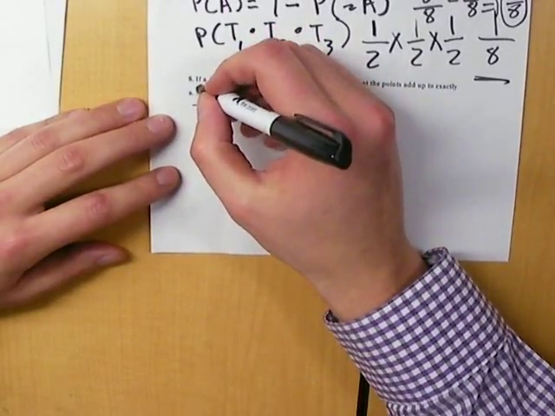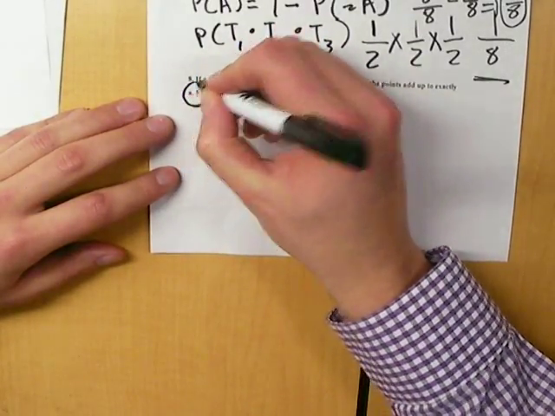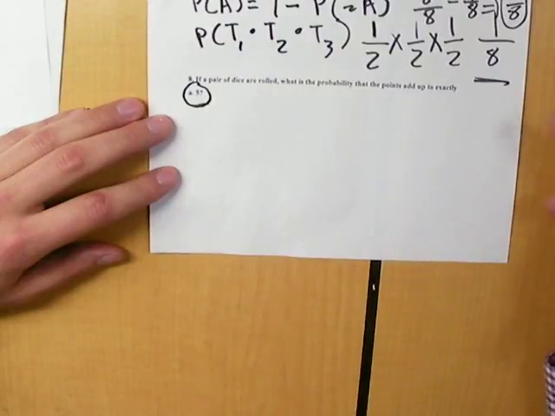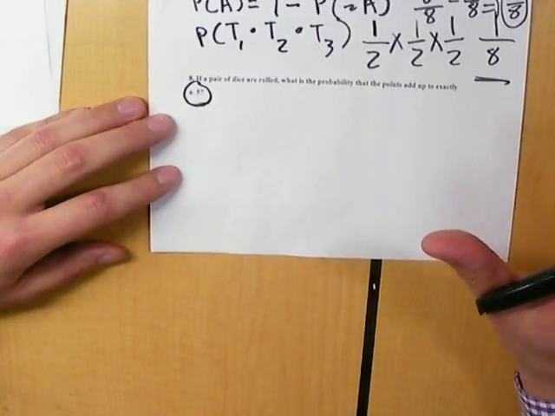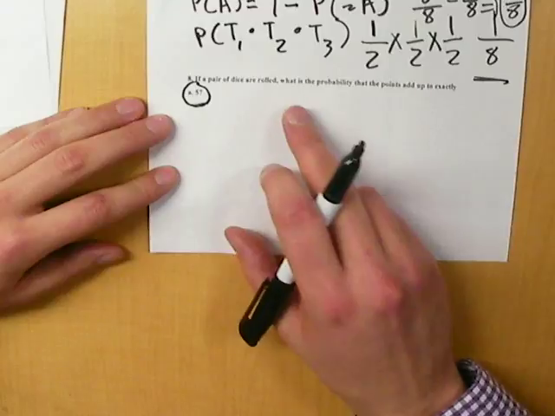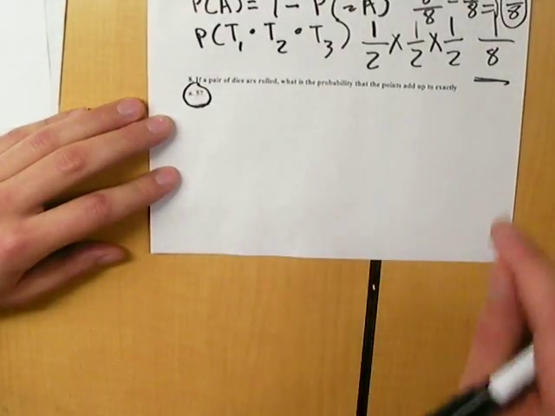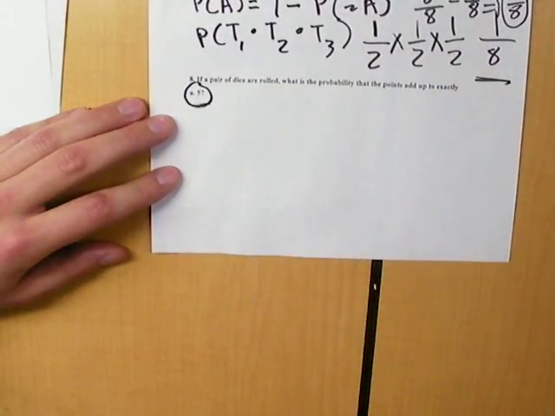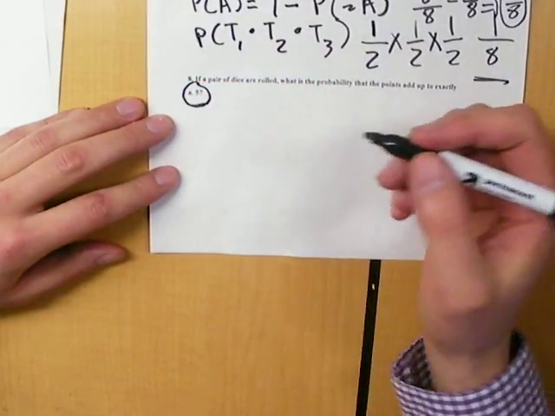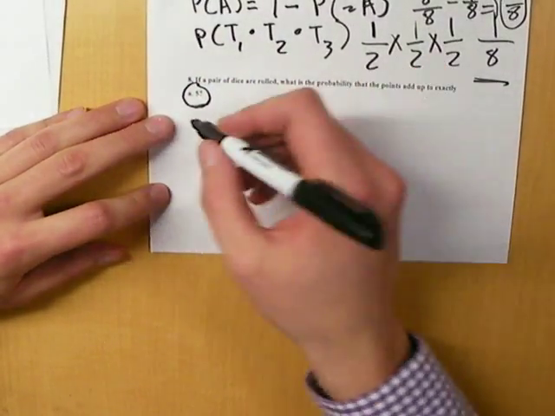Let's begin here by going through the possible combinations to get a point total of 5. We're going to roll a pair of dice, and we want the numbers to add up to exactly 5. So to get 5, there are several different combinations here.